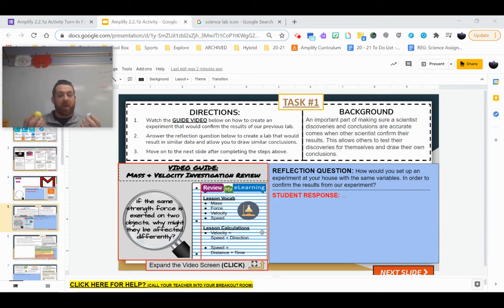So we had our independent variable, which was the overall mass of our objects. We were changing the mass. This one was obviously slightly heavier than this one. And our dependent variable was the velocity at which these objects traveled in a specific direction. So as they traveled, one was faster than the other. We calculated that by dividing the distance that the two objects traveled by the time it took them to get there.